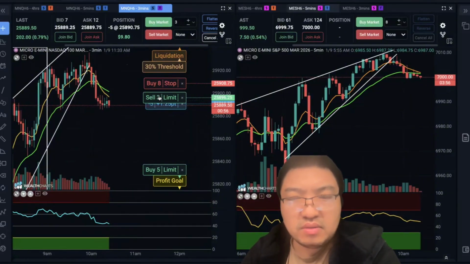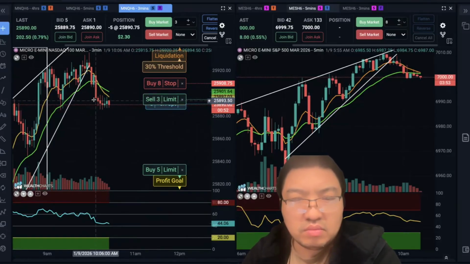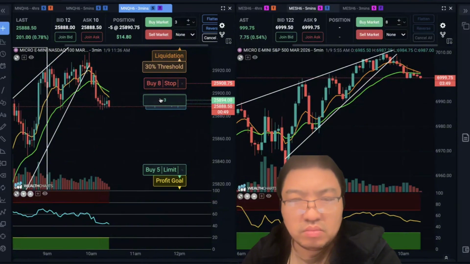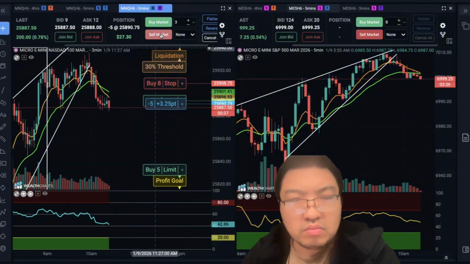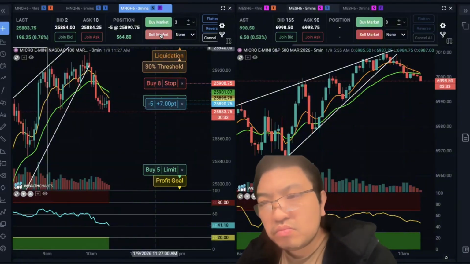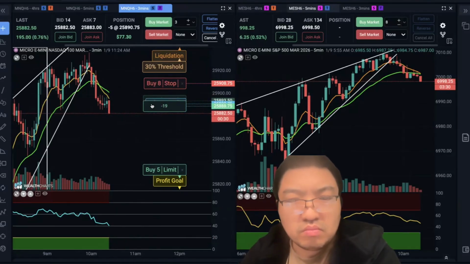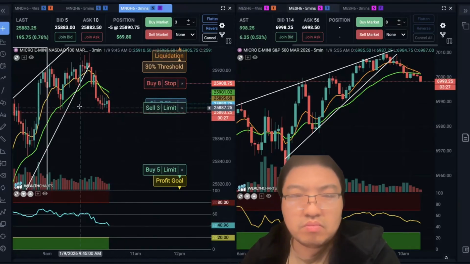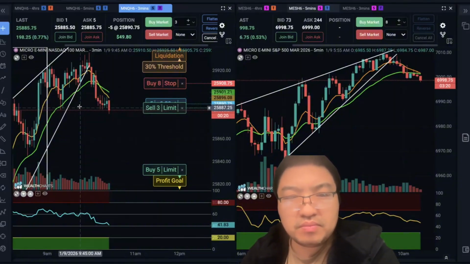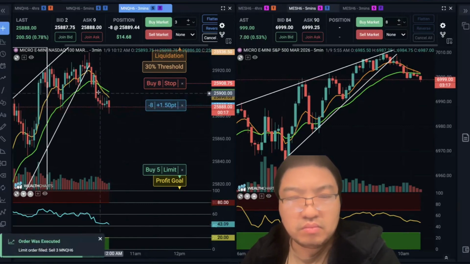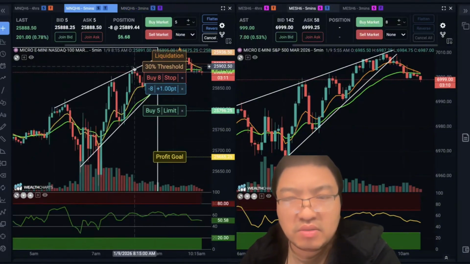Is that correct? We'll see. Okay, it could retest to EMA 21 on 3 minute and retest to here. I'm not sure.